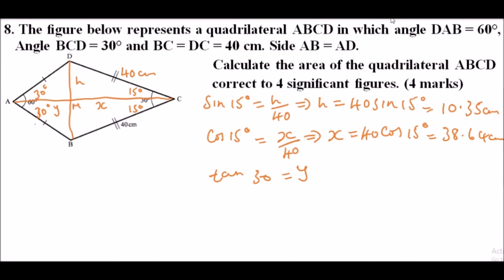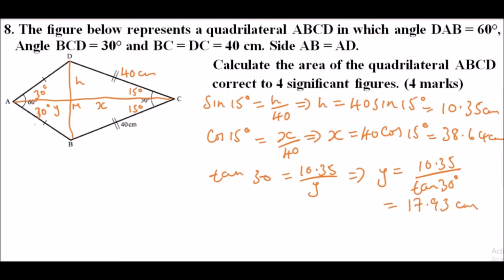It is equal to the height, which we have found is 10.35, divided by the adjacent, which is our y, implying that y is equal to 10.35 divided by tan 30, and when you do that, you get 17.93 centimeters.